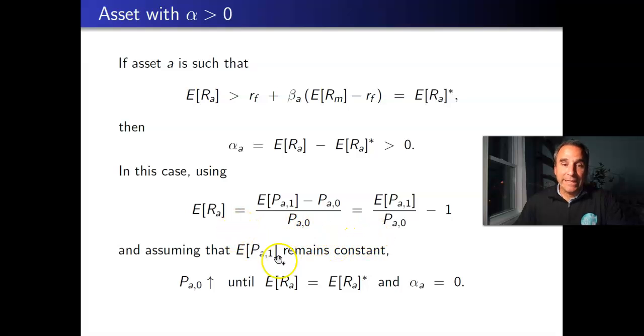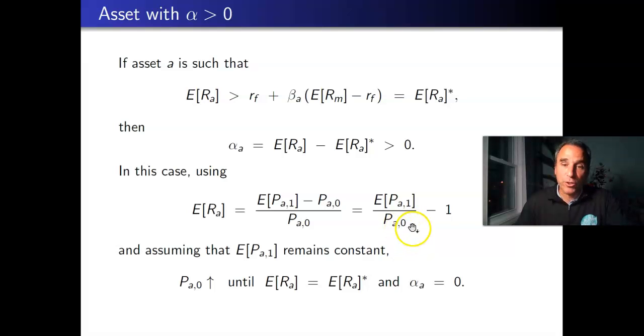Since the expected return is the expected price minus today's price divided by today's price, assuming that the expected price in period 1 remains constant, the actual expected return is larger than the equilibrium value, so the expected return should fall. So how will it fall? If the expected return is too good to be true, if it is larger than the equilibrium return, every investor will want to buy this asset.